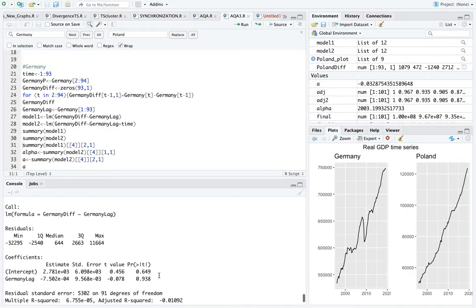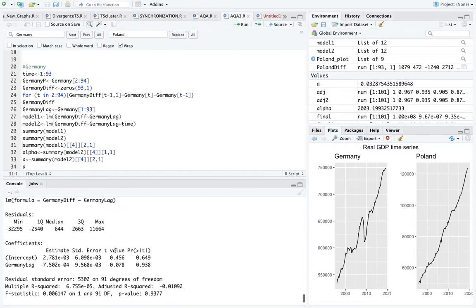So in this circumstance, remember, if rho is equal to 0, this implies that the coefficient delta is equal to 1. So this gives us some evidence that Germany GDP behaves like a random walk with drift.